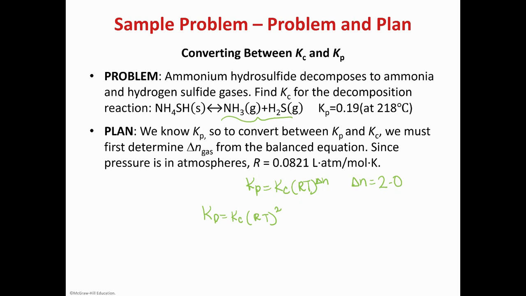And so if Kp is given, the R here is from PV equals nRT. So that's the R that you like maybe better than the one we've been working with. Just your regular R. And then this temperature was at 218 Celsius. You would need to convert that to Kelvin.